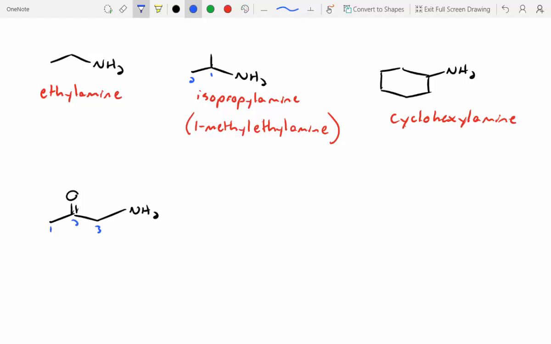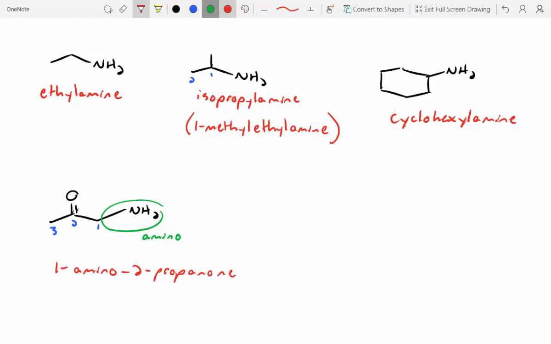Probably the other way to minimize our priorities, right? So we go 1, 2, 3. That way the amino group is coming off the lowest priority position. So this will be an amino. For example, if we were to name this, this would be 1-amino-2-propanone.